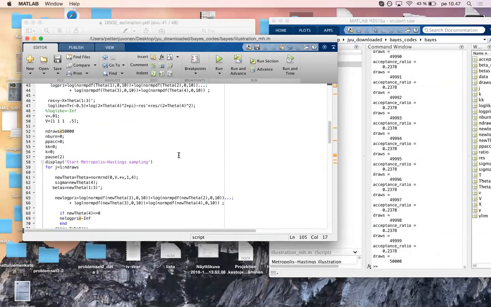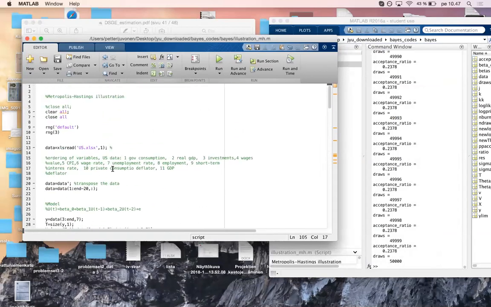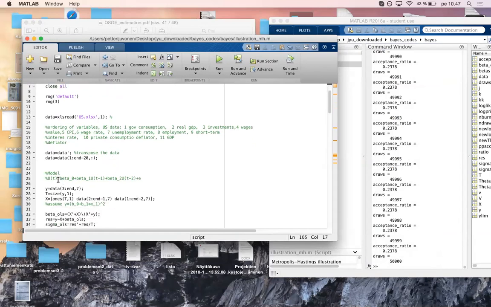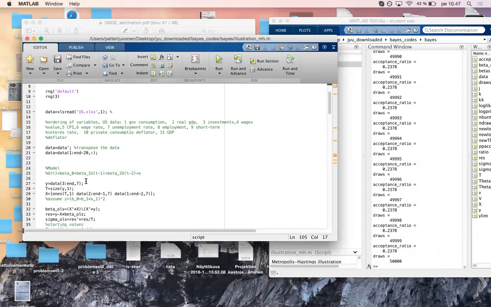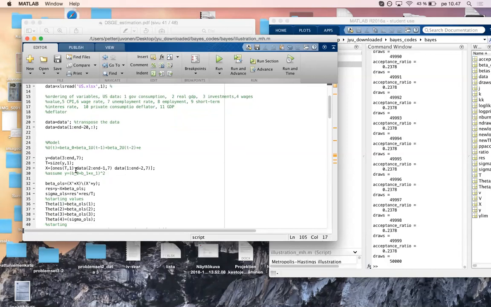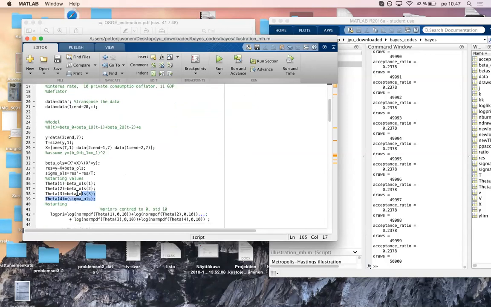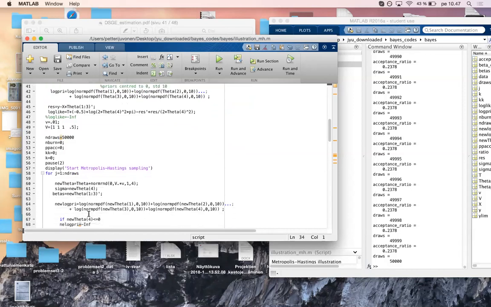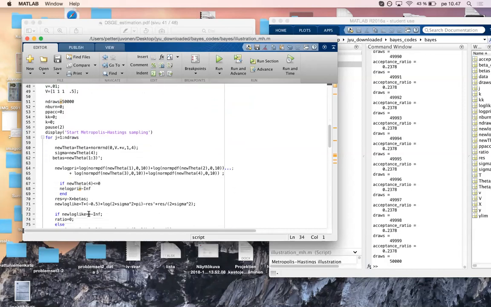I've written an example MATLAB code where we have US data, US unemployment. Our model is an AR2 model, so the model consists of 2 lags of unemployment and an intercept. As the starting values, we obtain the OLS estimates from here, and then we can run the Metropolis Hastings algorithm.